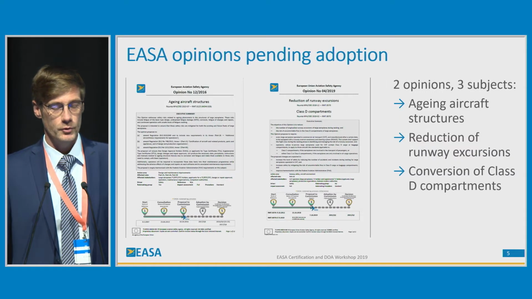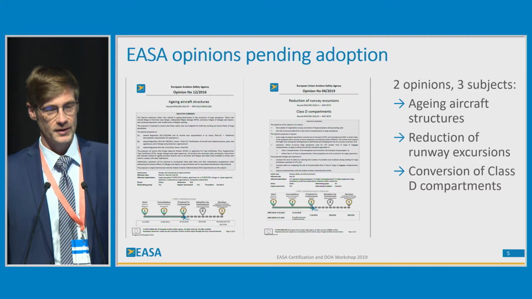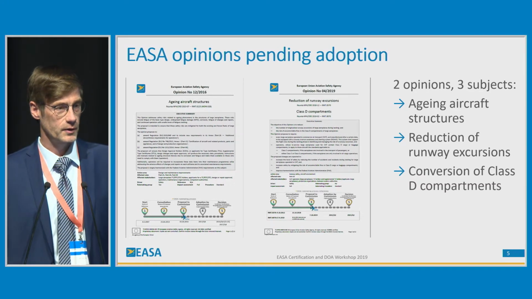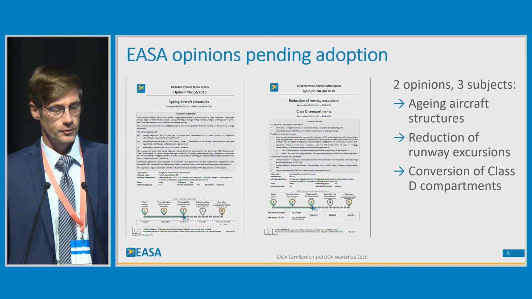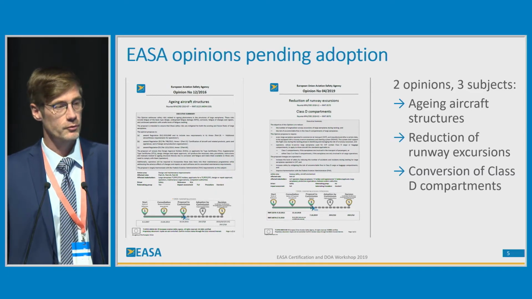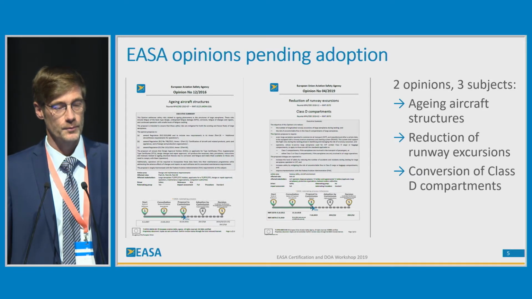We have some ongoing rulemaking activities where we also addressed and assessed whether it's necessary to amend Part 26 with regard to further topics. And there are two opinions currently pending with the European Commission for adoption for further amendment of Part 26.